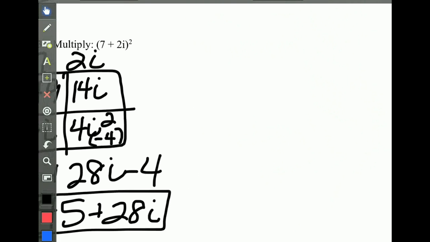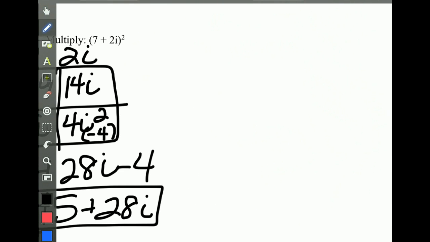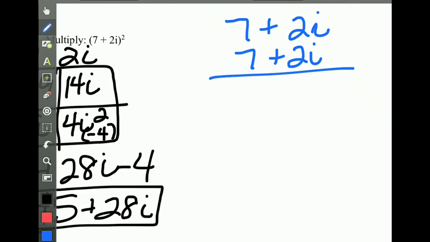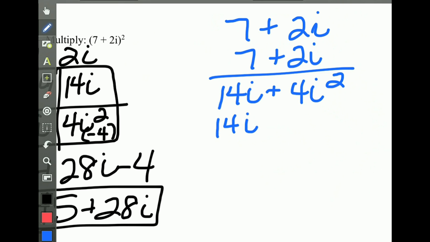Let's lastly do that one in vertical method. 7 plus 2i, 7 plus 2i. We would have 4i squared, 14i, 14i, and 49.